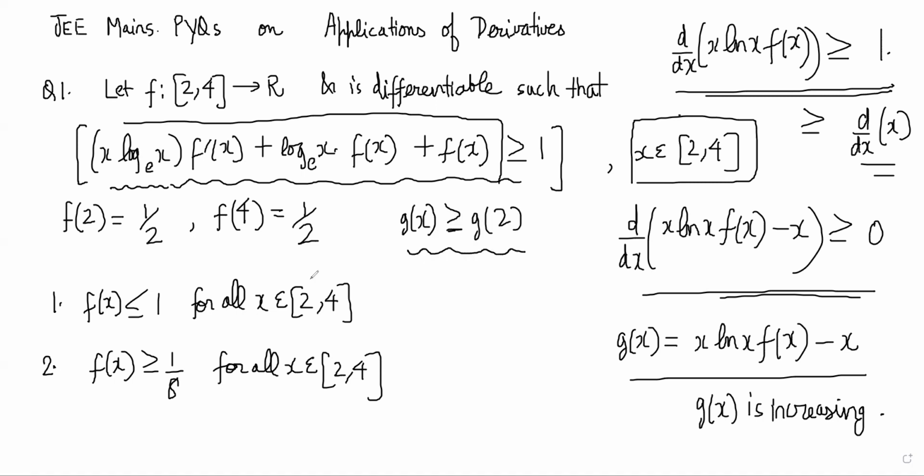Yes, sir. Because x lies in 2 to 4 and we know g(x) is increasing, right? Yes, sir. So we can say that x ln x f(x) minus x is greater than or equal to g(2). Put the value 2 here. 2 ln 2 f(2) is half. So ln 2 minus 2, right? Yes, sir. Okay. So now we have something like this.